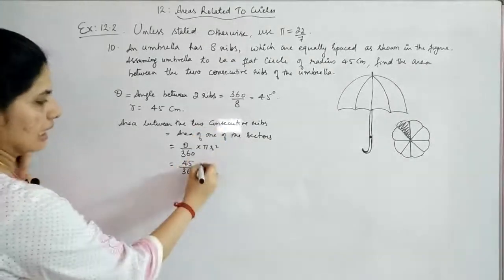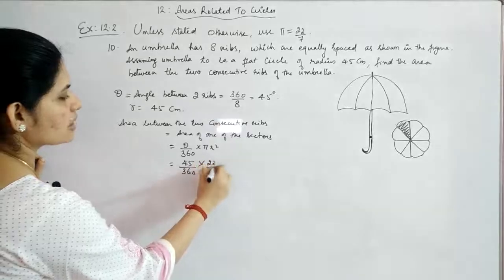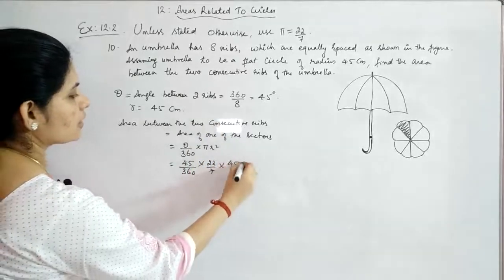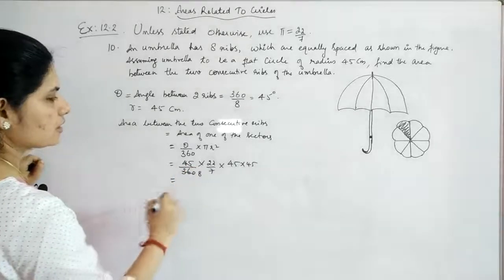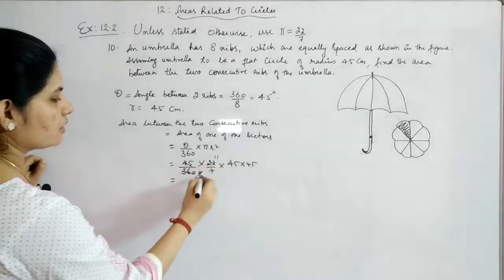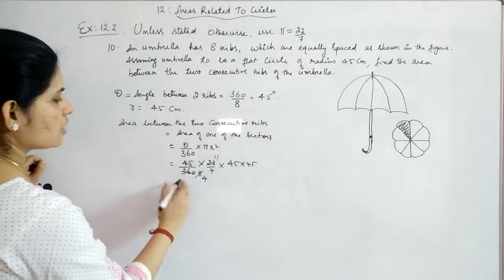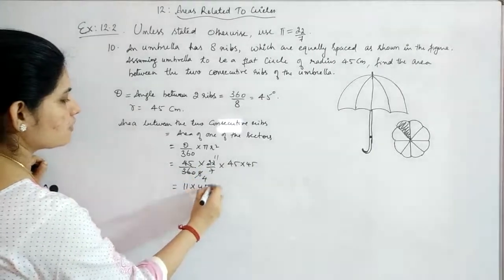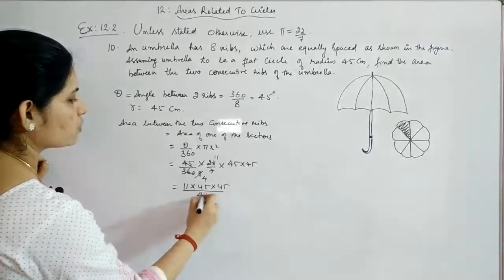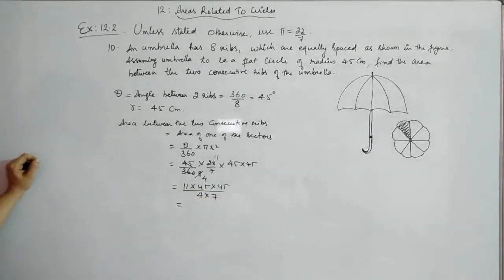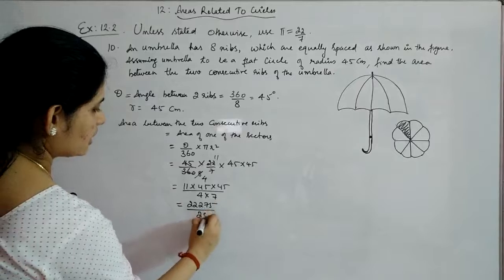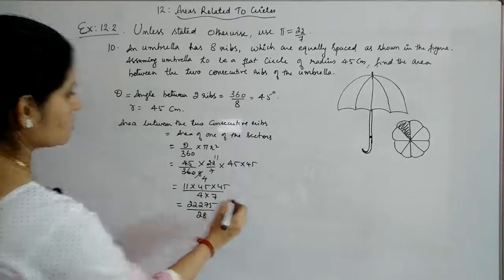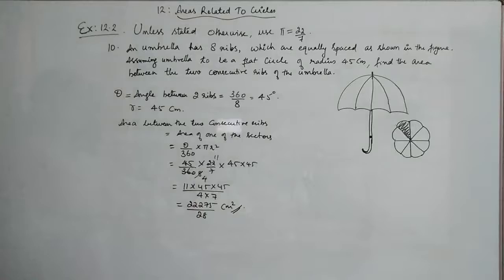Again this will give you 1 by 8 into pi is 22 by 7 into r square is 45 into 45, which is, this will give you 8 here. Now this 11, here it is 4. So we are getting in total 11 into 45 into 45 divided by 4 into 7, which is equal to 22275 divided by 28 centimeter square. So this is the area between the 2 consecutive ribs.